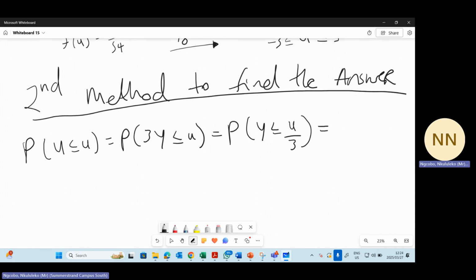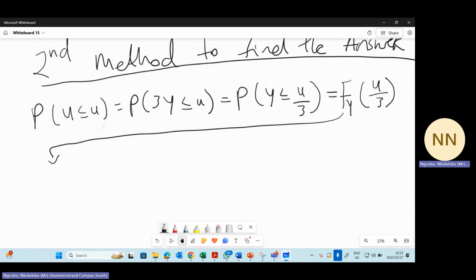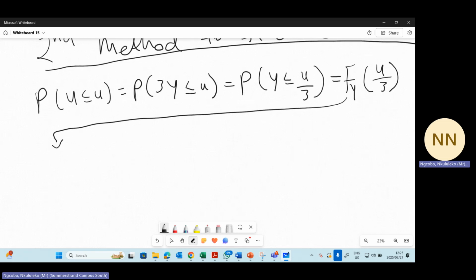We know this is the same as the distribution function of y with respect to just u over 3. So what does this mean? It means that we could actually find the distribution of y if that is an easier method for you.